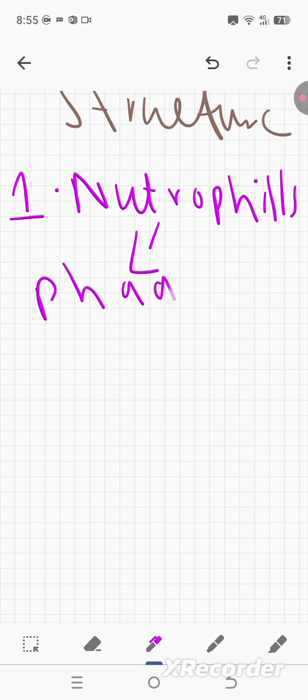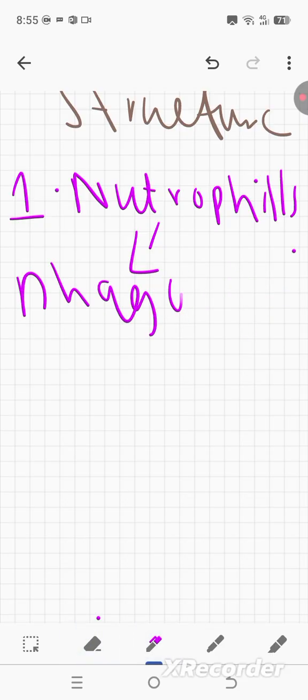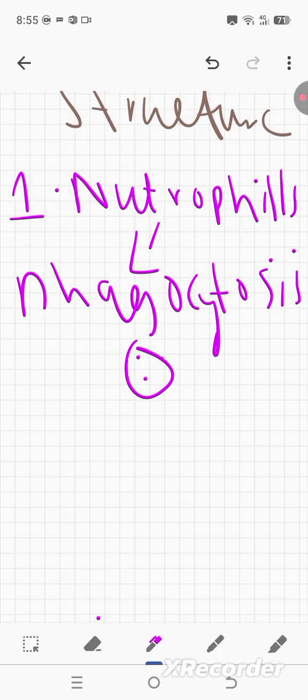Neutrophils, or you can say neutrophil granulocytes, are helpful in phagocytosis. Now let me tell you what they do. Neutrophils are the cells which have granules inside them, and they are responsible for phagocytosis to destroy any bacteria or any virus.